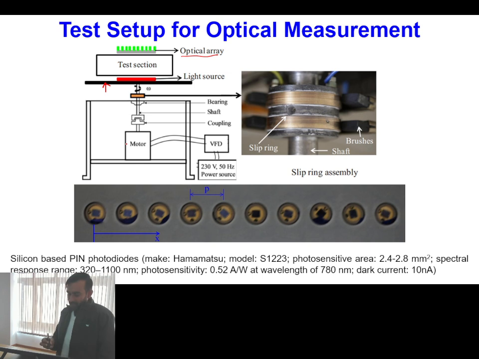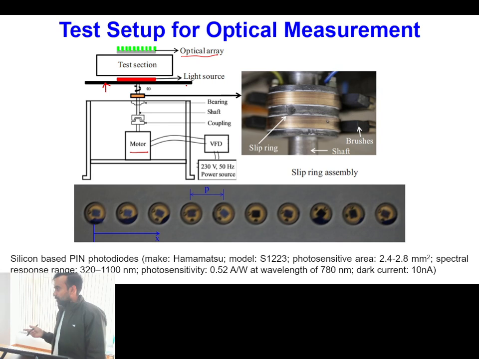Okay, so this is the schematic representation of the rotating platform, which includes a motor, then there is some coupling, and over this coupling, with the help of some bearing, one total horizontal platform is made which can be given rotation, and on this platform itself your light source as well as the optical sensors are mounted.